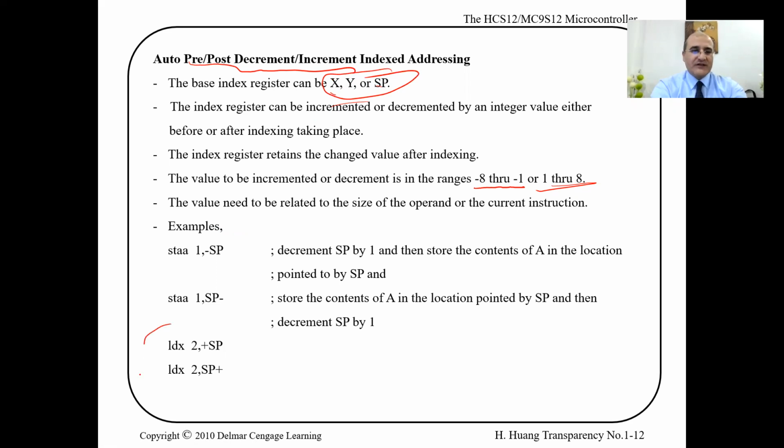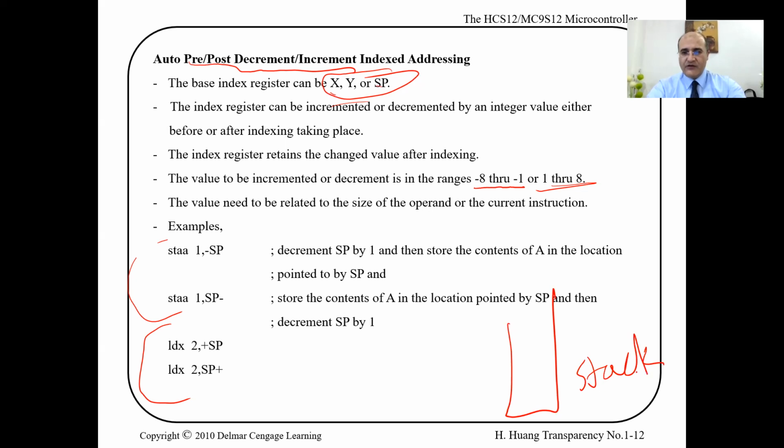Now look at these. Does anybody remember? Most of you said you learned in your undergrad the Intel processor, 8086 or 8085. So you used to deal with a stack. Those who dealt with PIC, there is a stack, but it's a hardware stack.